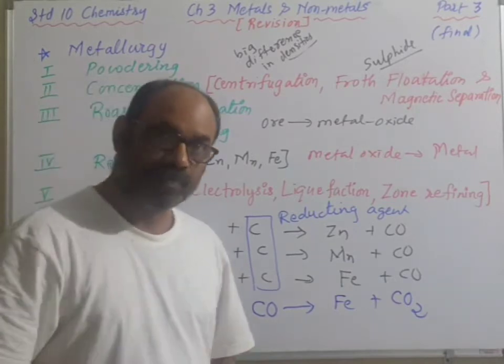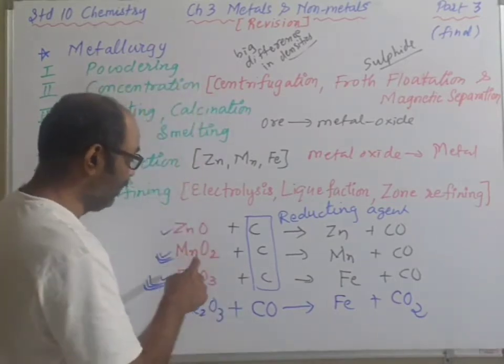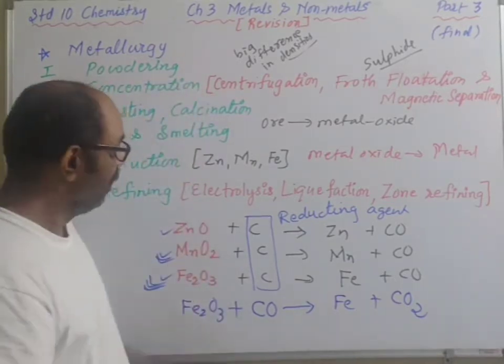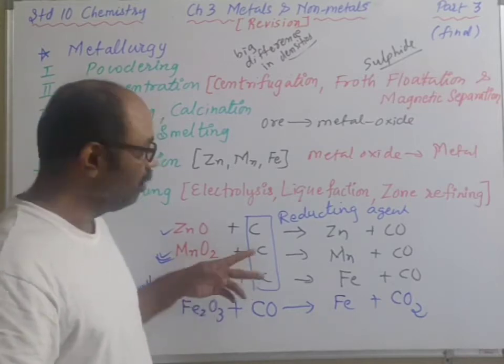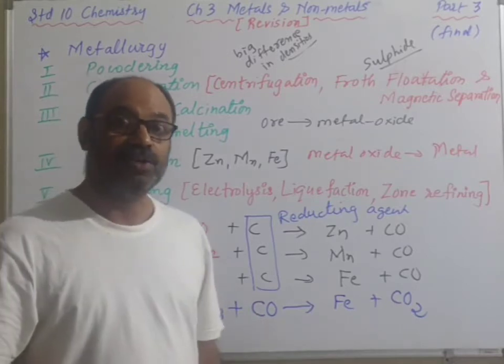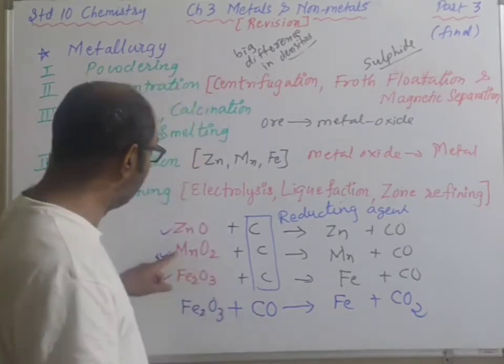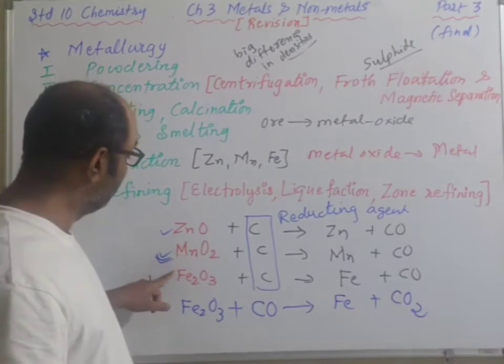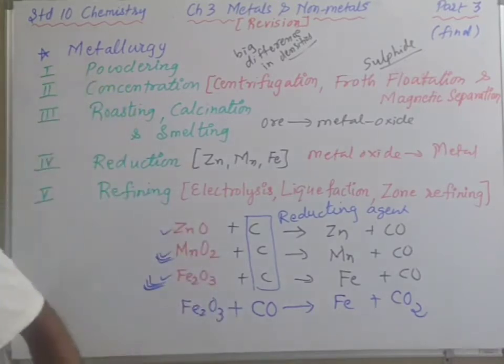Children, sure? Now, if manganese dioxide and ferric oxide are not reduced by carbon nor by carbon monoxide, then they are reduced by another metal which is more reactive than manganese or iron.